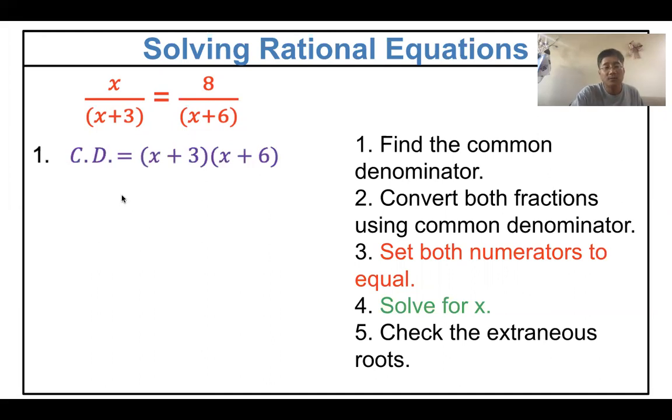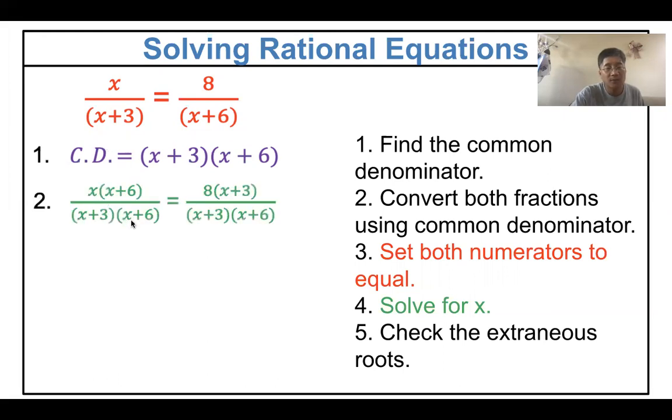And then you convert both fractions using this common denominator. So you change this: x plus 3 times x plus 6, x plus 3 times x plus 6. The first one didn't have x plus 6, so you multiply it by x plus 3. You multiply the same x plus 6 to the numerator also, so that you don't change the value, right?